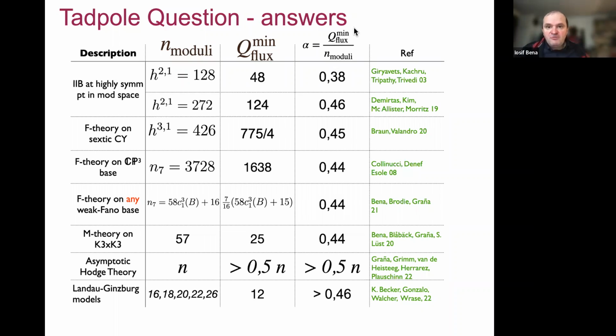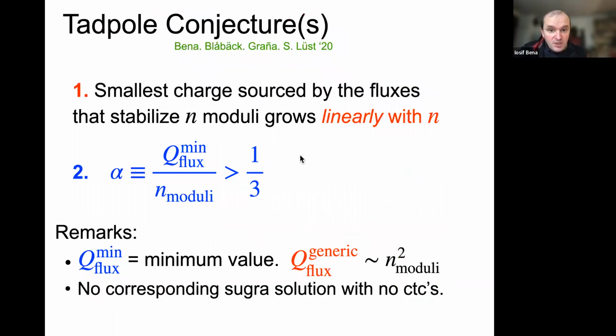The ratio between the fluxes that are stabilized and the number of moduli, if you want no singularities, if you want to be at the classical smooth solution, appeared to be bigger than something like 0.4, 0.3. And we made a conjecture basically saying that this number grows linearly with n, and basically has to be bigger than 1/3.